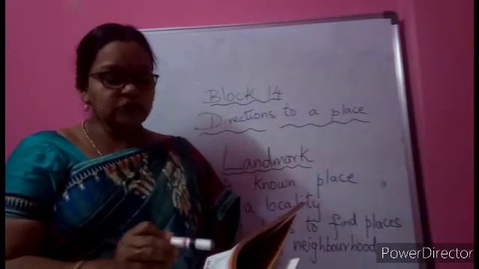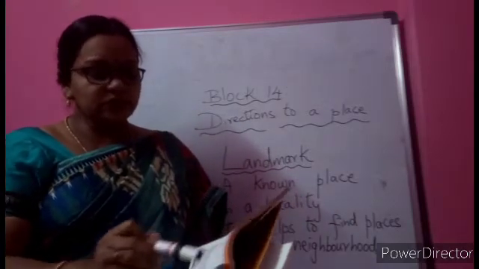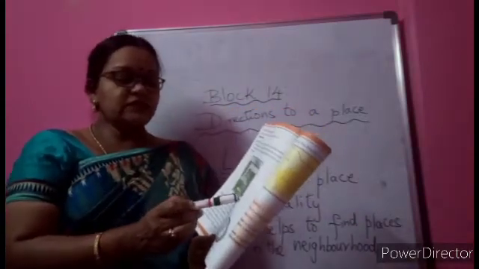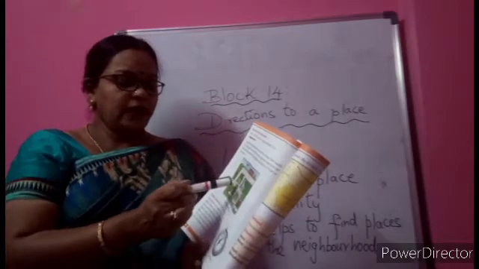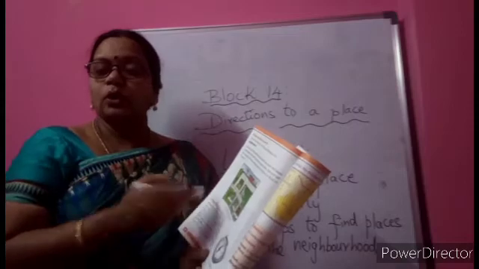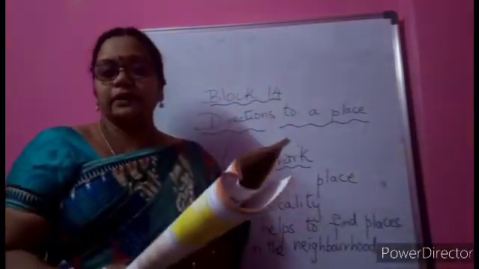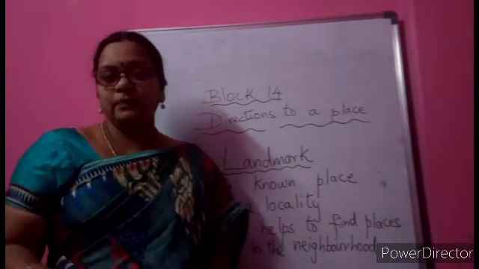Now if it is your home and your friend has to come to your home, using these landmarks, suppose she is asking the way from the library to your home, with the help of the hospital and the police station and all, you can ask her to locate your place. The same way we can use landmarks for finding a place in the neighborhood.